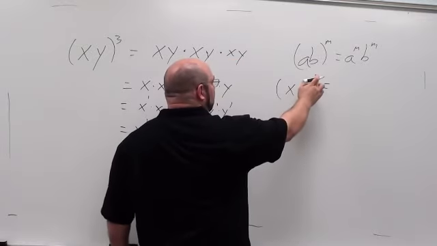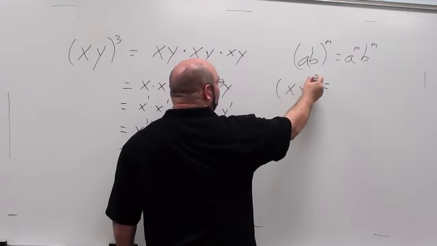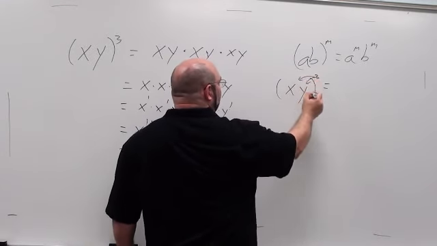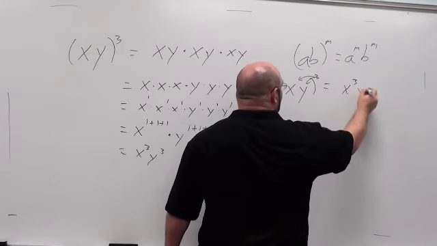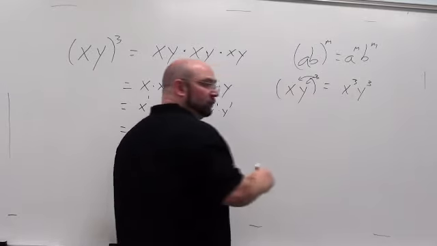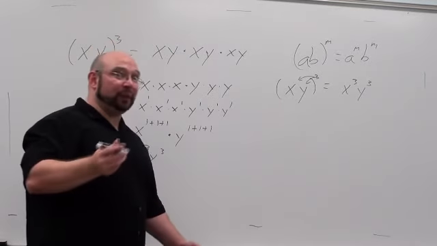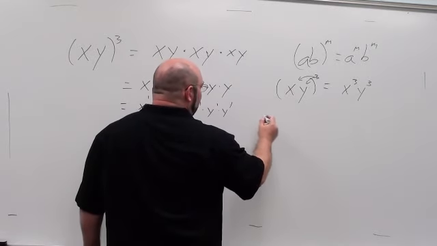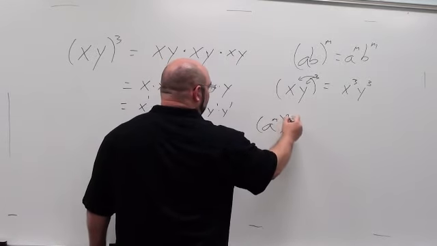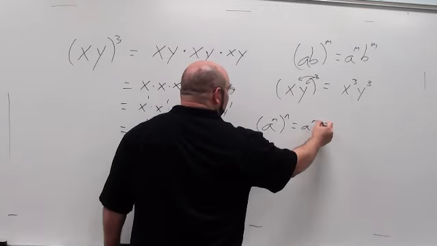So I know that this 3 is going to distribute to both of these, which is essentially x cubed, y cubed, right? And if you really wanted to think about this, we could take it back to our other rule to say a to the m to the n is a to the m times n.